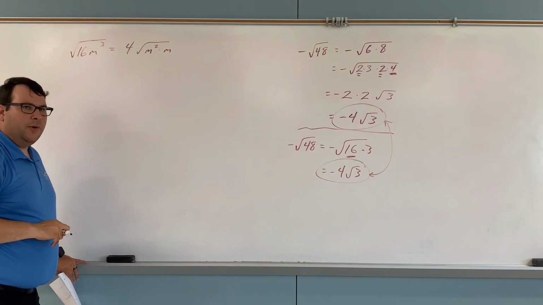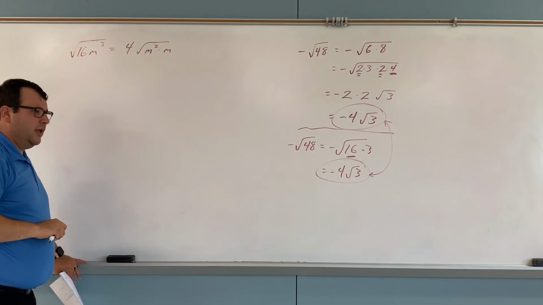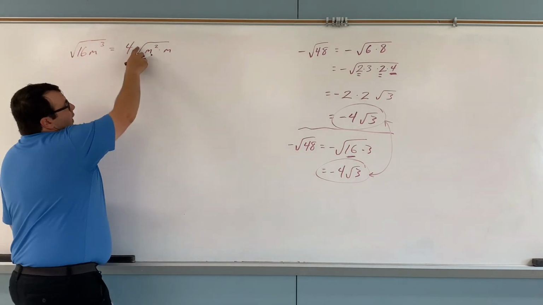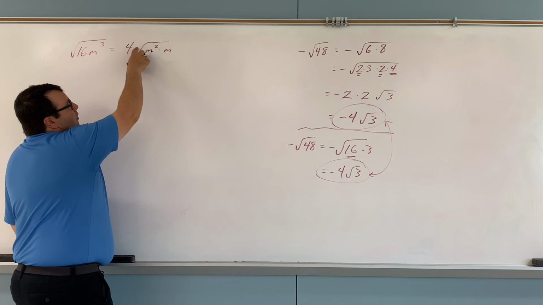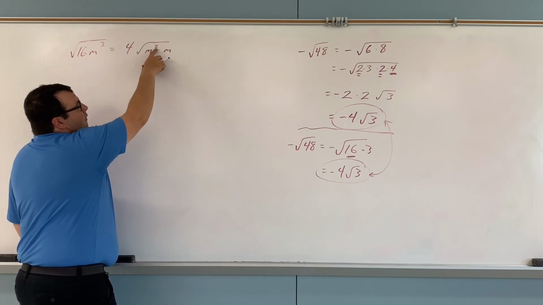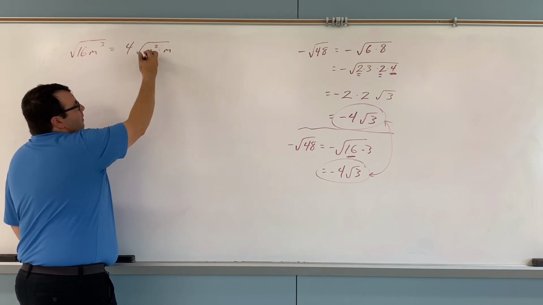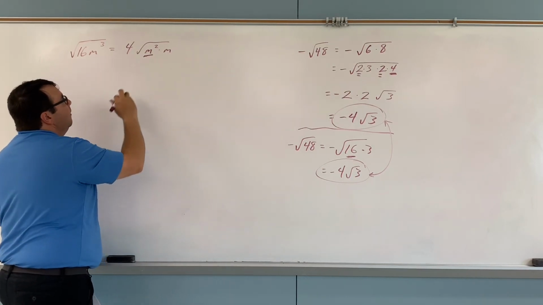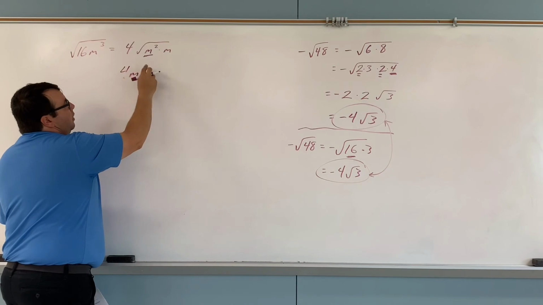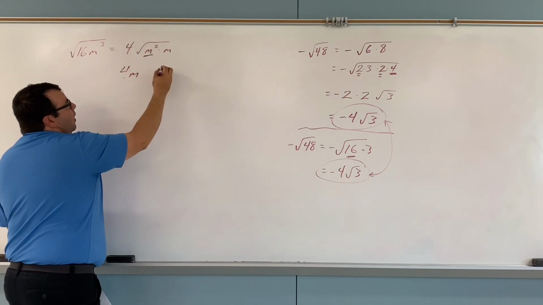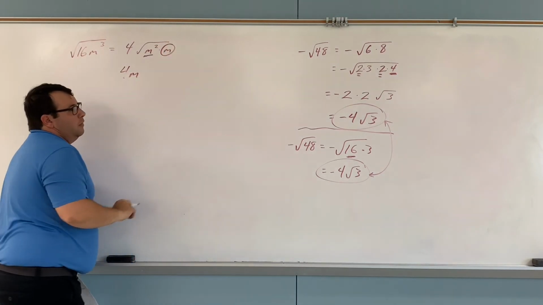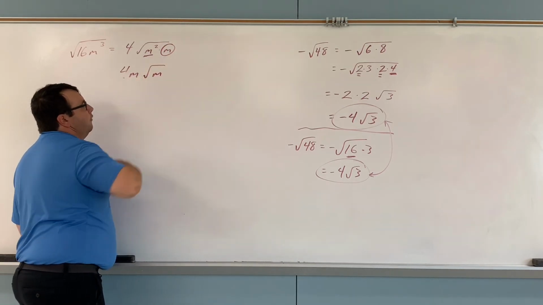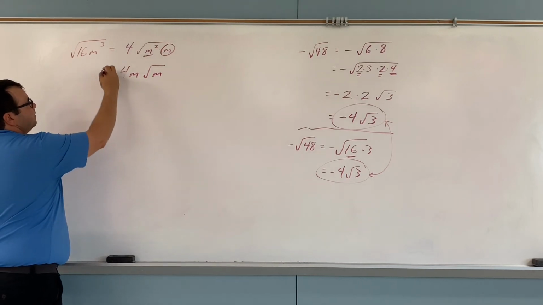Now you might be saying, well, why did you split it up that way instead of writing m times m times m? You absolutely could. But I'm looking at an even root index of 2. This is divisible by 2. So that means I can pull this value out. That's that power over root in use here. So that's 4m, the m coming from here. This m has a power of 1, so it doesn't really do me any good. So I have a square root of m left over.